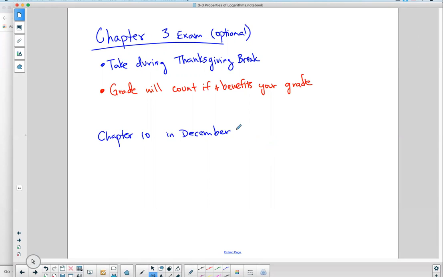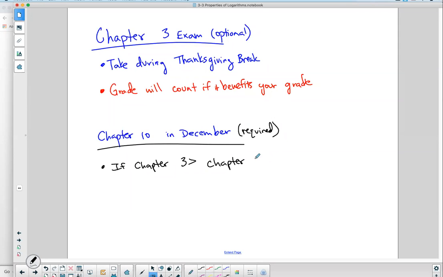This one, I'm going to put in parentheses here, is required. However, if your chapter 3 test is higher than the chapter 10 test, I'm going to put in the chapter 3 grade. Then you will get the chapter 3 grade. Okay, so I don't know if this makes sense, what I'm saying.